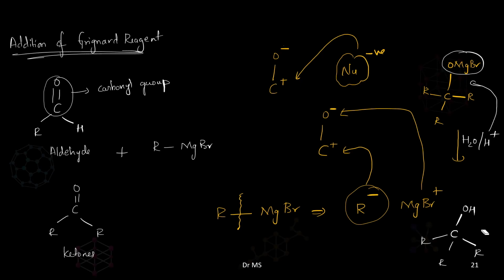We call this a tertiary alcohol because this carbon is attached to three different alkyl groups. That happens when you take the ketone.